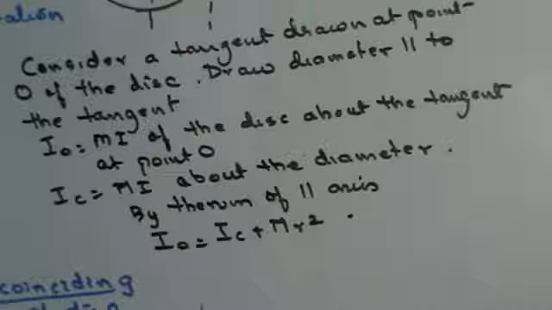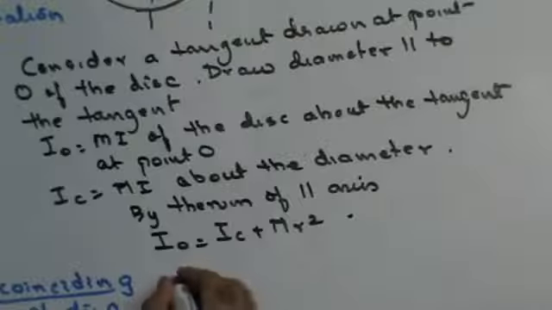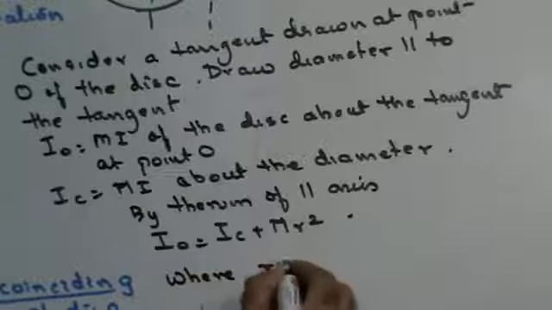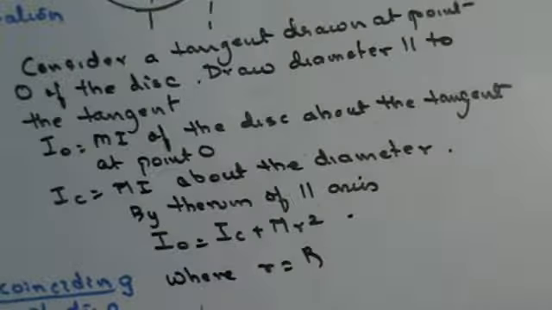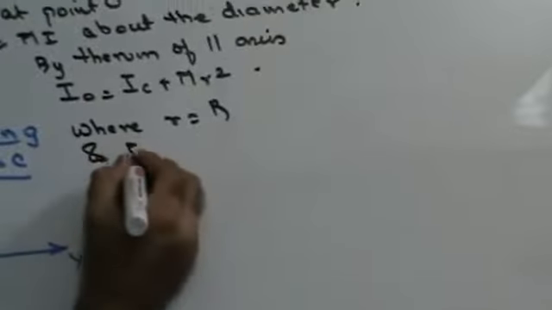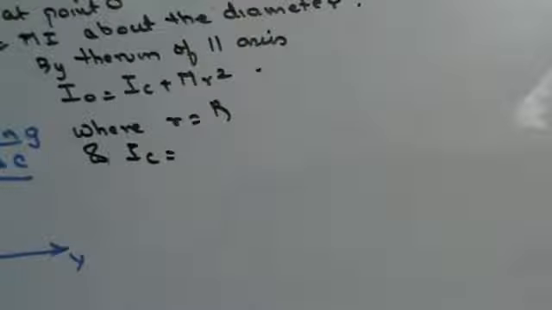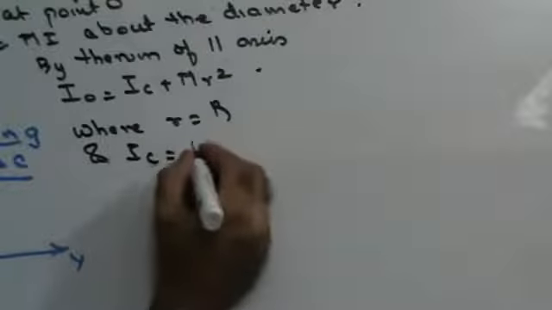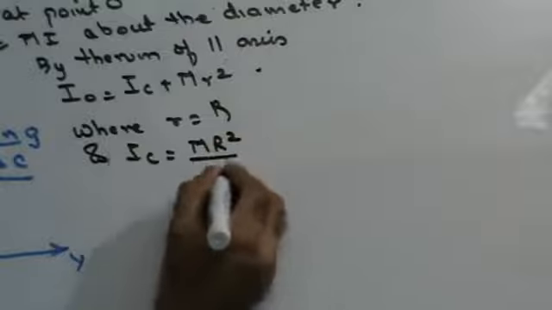Now in this case R is the distance between the two axes, represented by capital R. The moment of inertia about an axis passing through any diameter, we just found out, is MR square by 4.